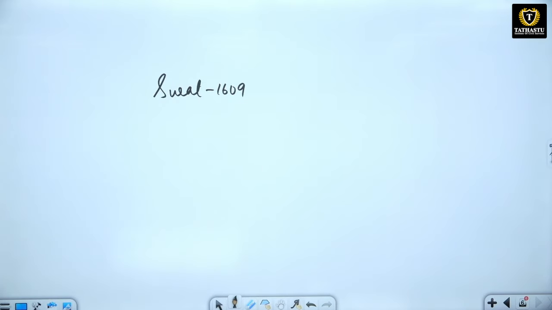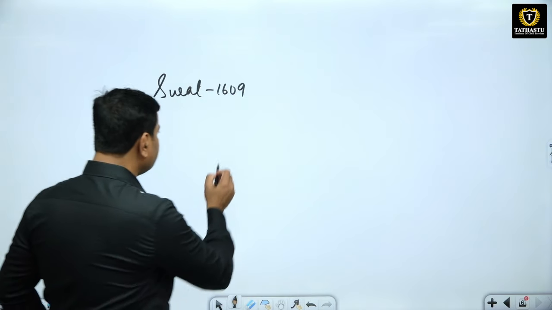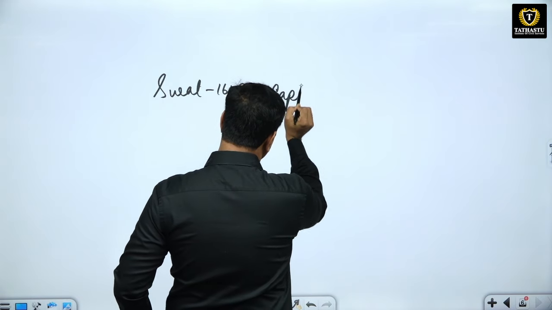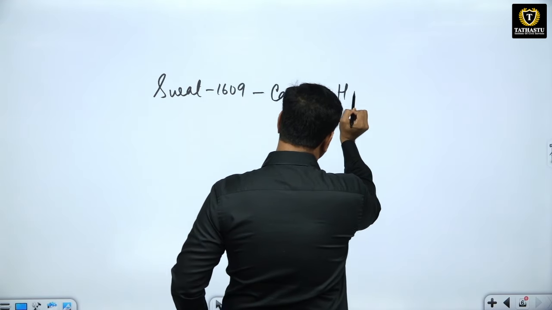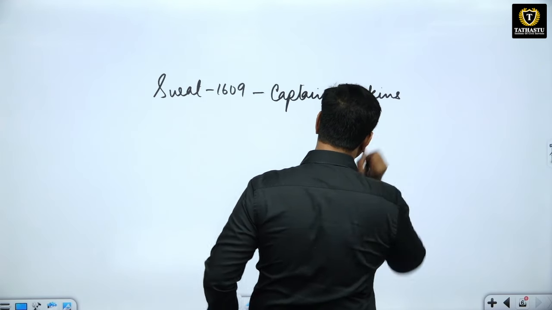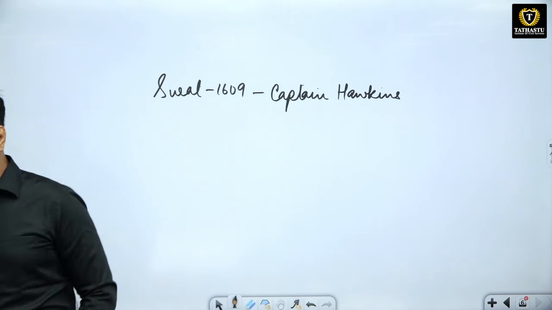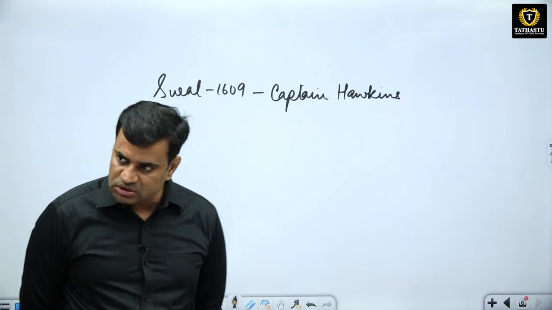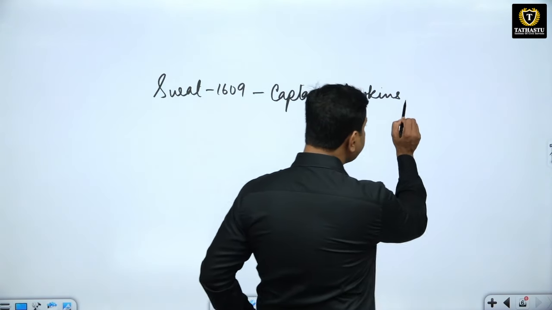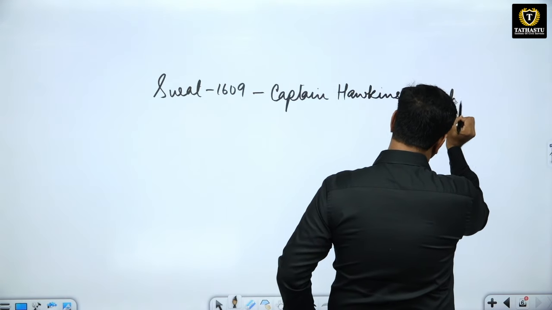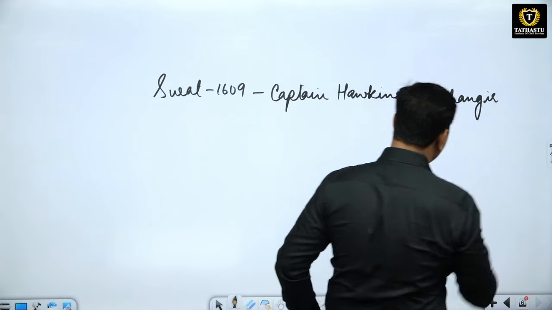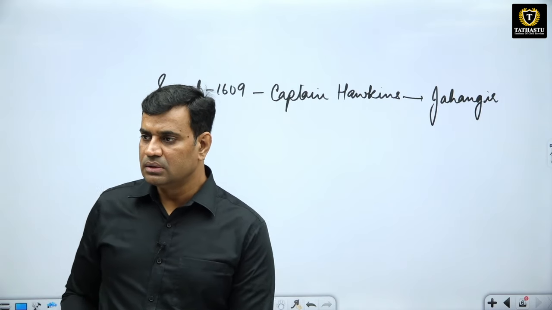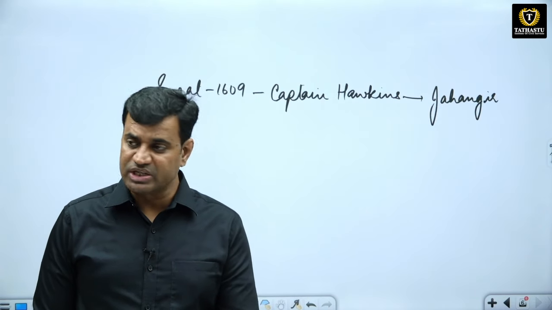The British East India Company deputed its officer, Captain Hawkins, to the court of Mughal Emperor Jahangir, just to seek permission.